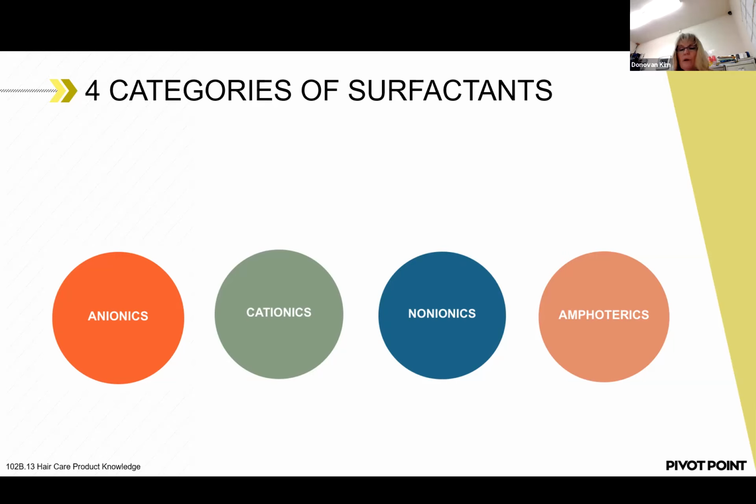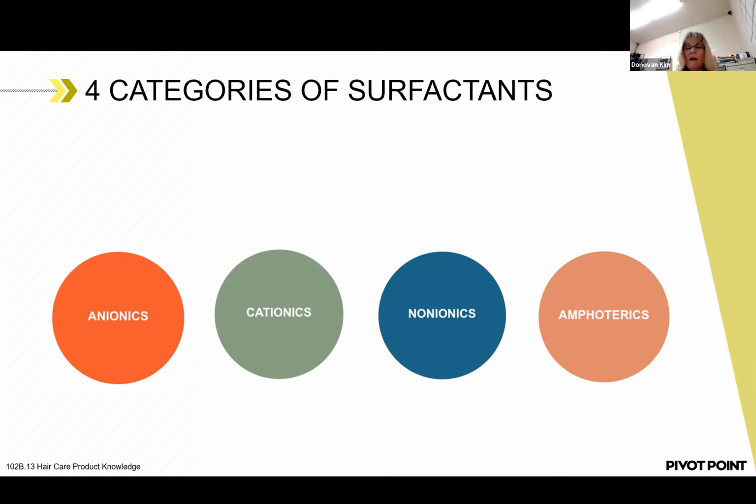If we're looking at the first category, the anionics, they have a rich foam, really easy to use, sodium lauryl sulfate. If you've ever read ingredients in soap or shampoos, sodium lauryl sulfate is used in a lot of things and it's used to cleanse, right?